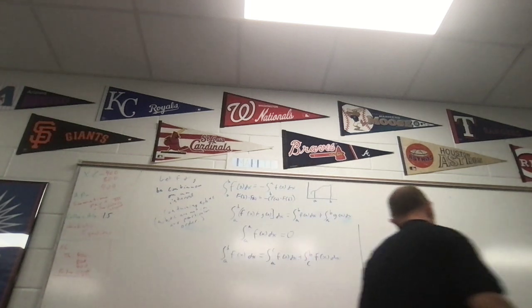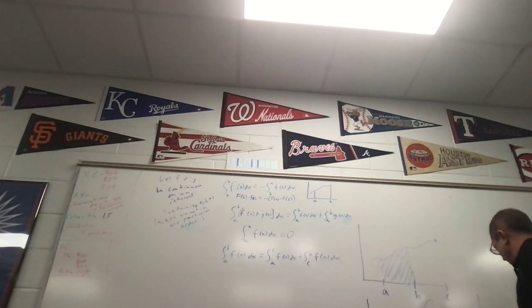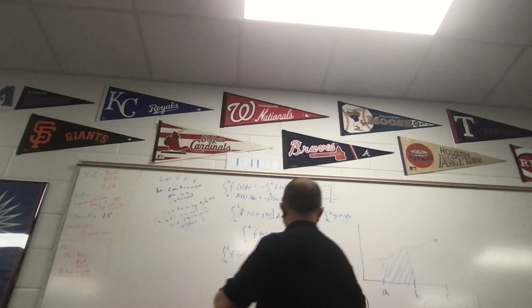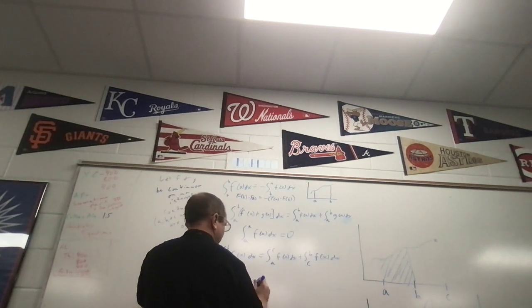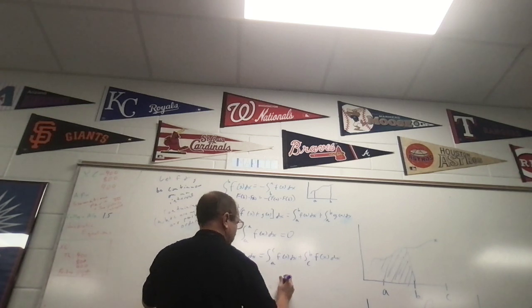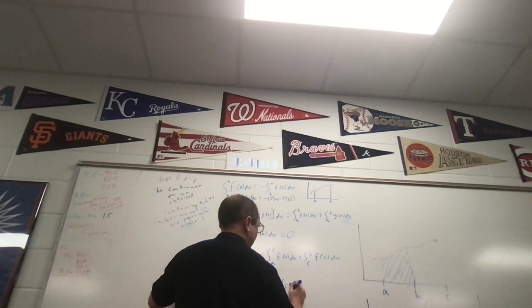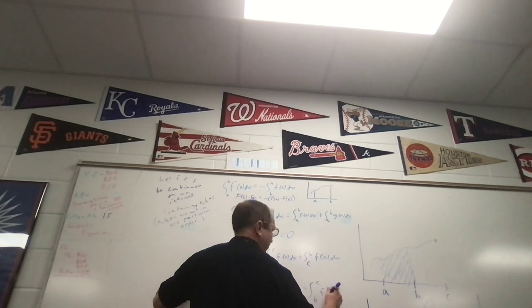So, if I want to go from b to c, I need to turn this into a to b of f of x dx equals a to c of f of x dx minus b to c of f of x dx.